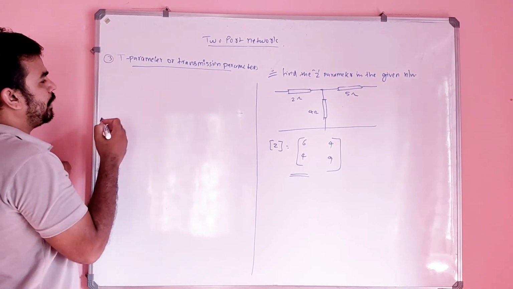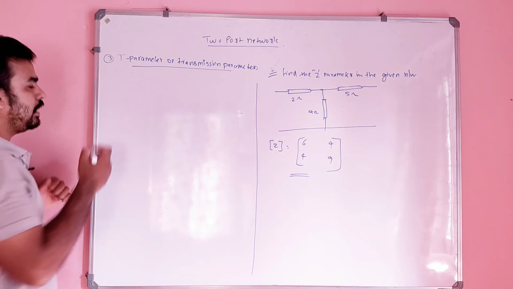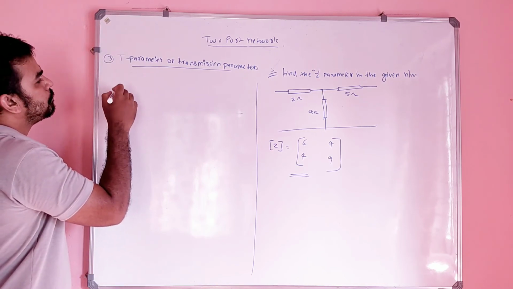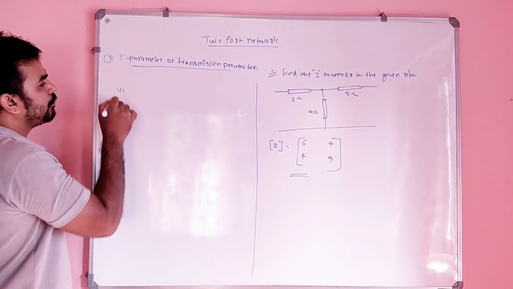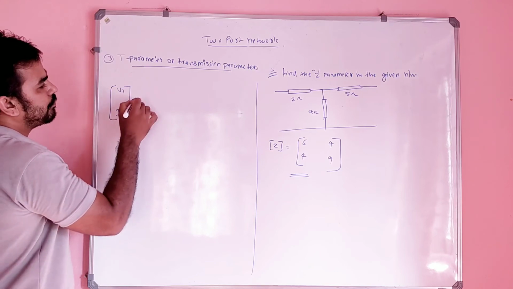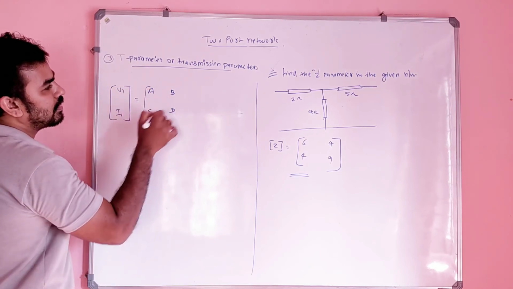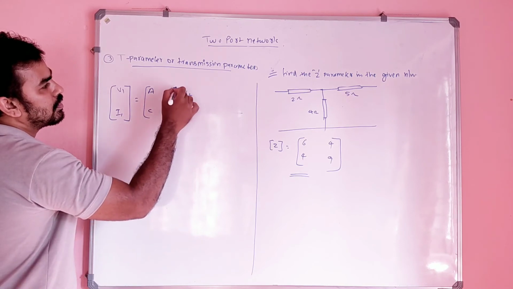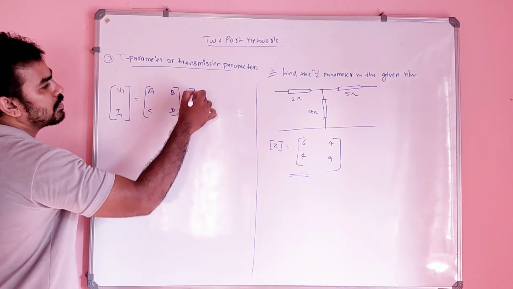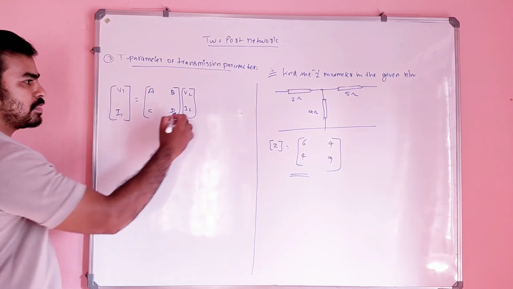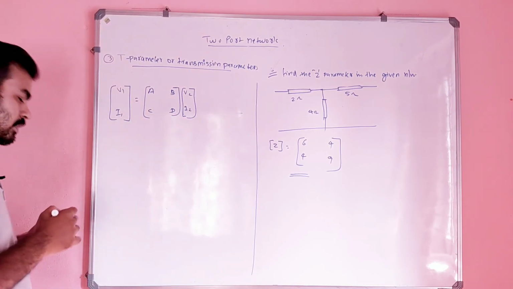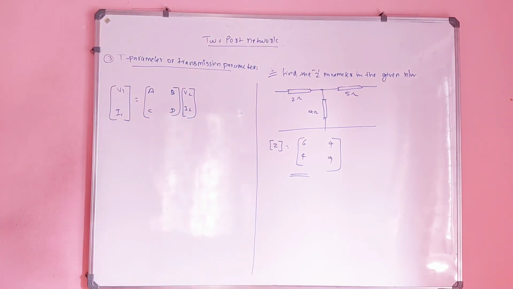Let's see. This is called the T parameter or transmission parameter.